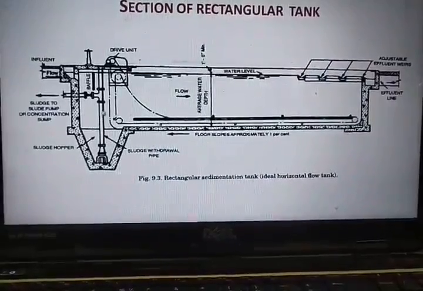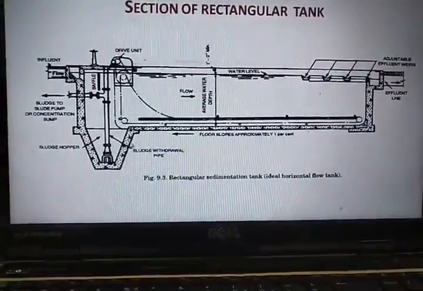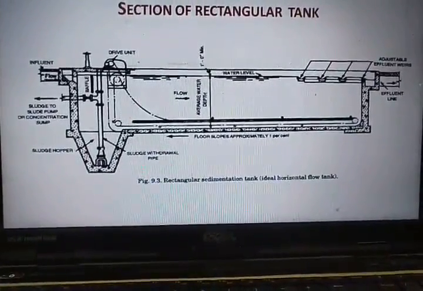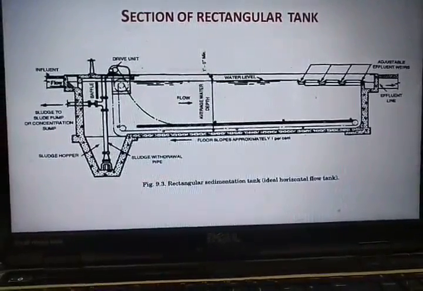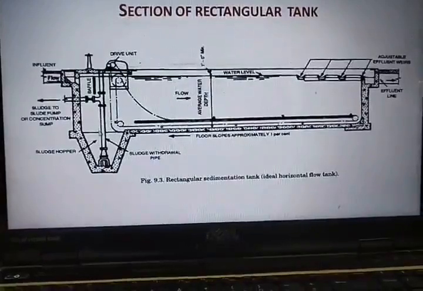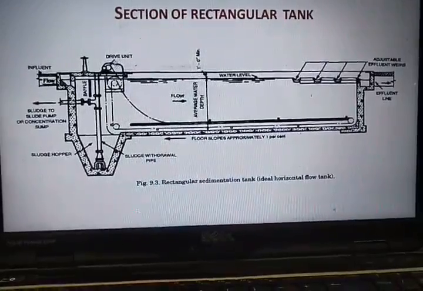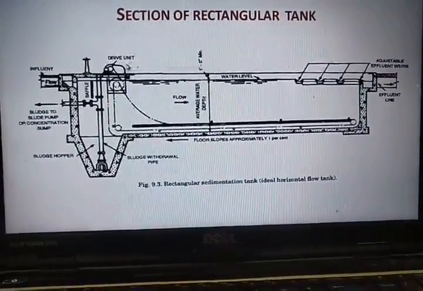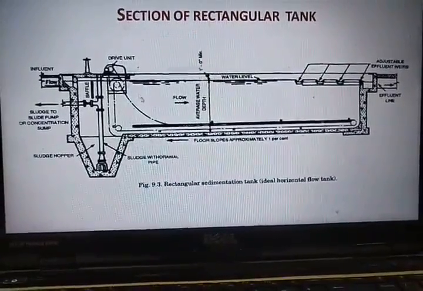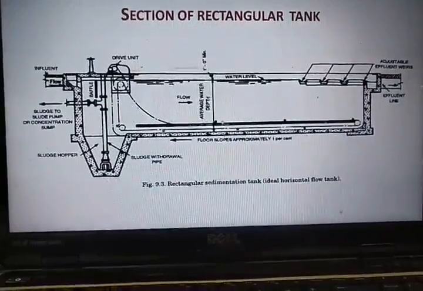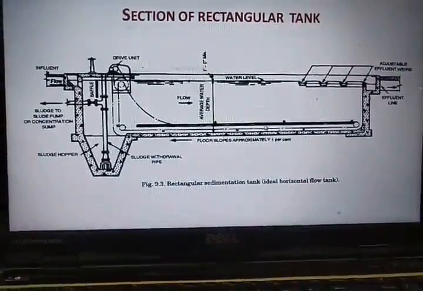This can be used to suck the sludge which is settled at the bottom in this hopper kind of mechanism, so that the settled sludge can be pumped out using this sludge pump. It consists of a drive unit above the level of the water, which is attached to the scraper mechanism. This scraper, as you can see here, is the thick line at the bottom.